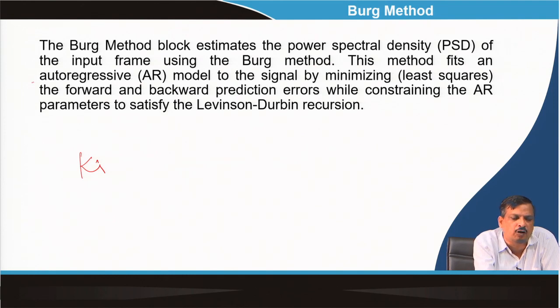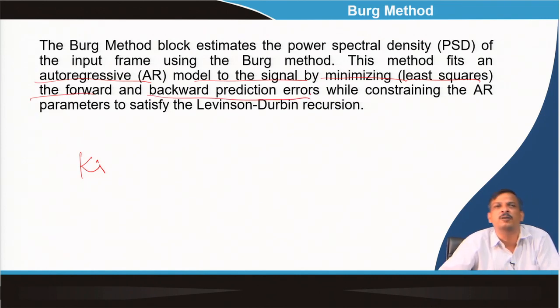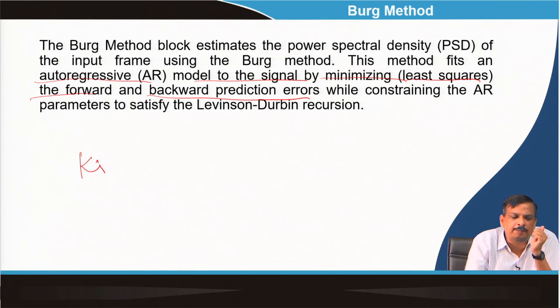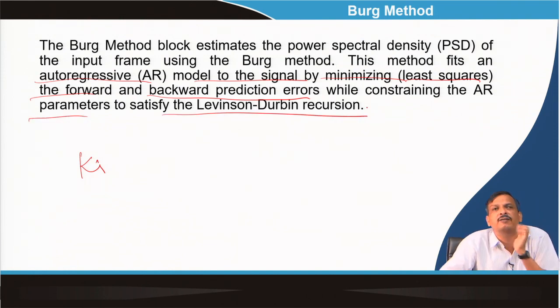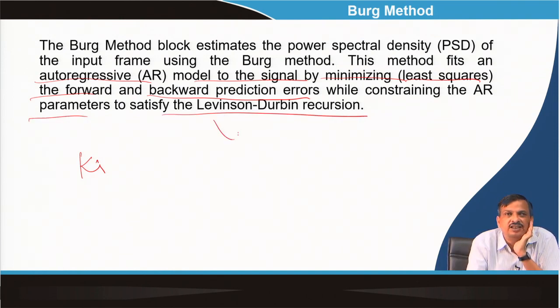This method fits an autoregressive model to the signal by minimizing least square forward and backward prediction error. So, instead of K forward, K backward geometric mean, they use least square, where AR parameters satisfy the Levinson-Durbin recursion, which I discussed during your linear prediction analysis.